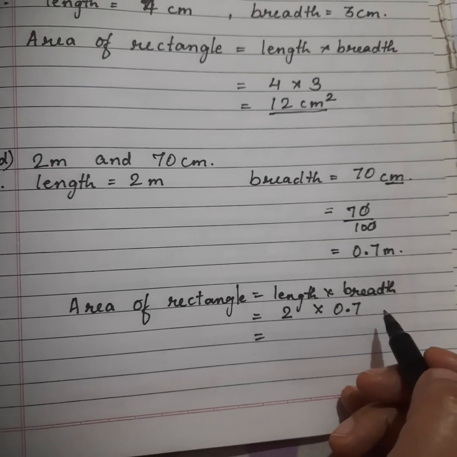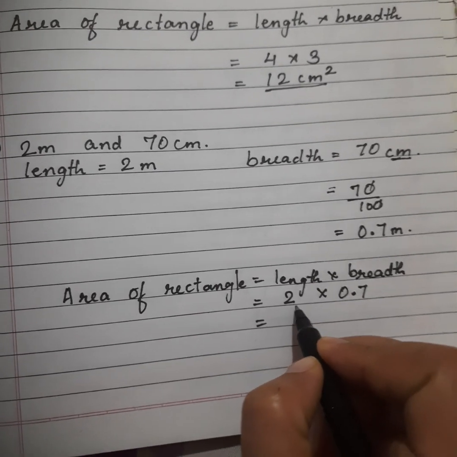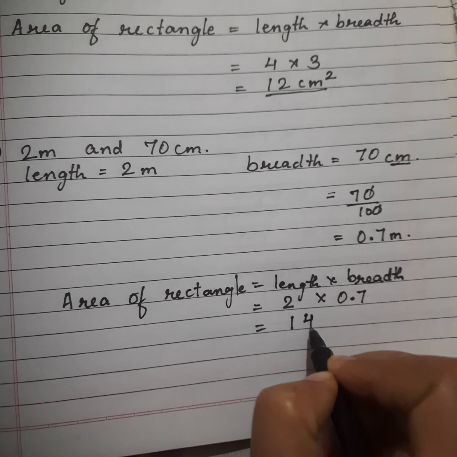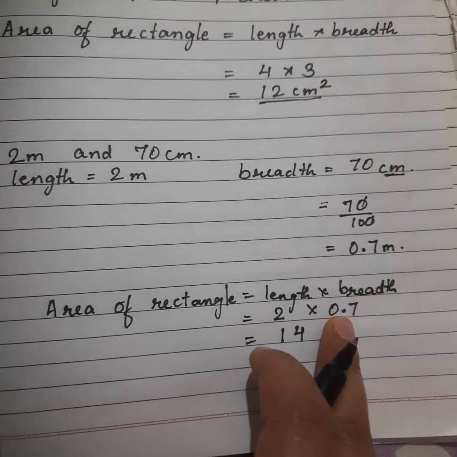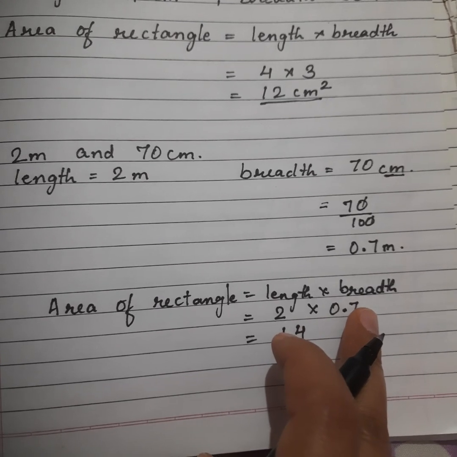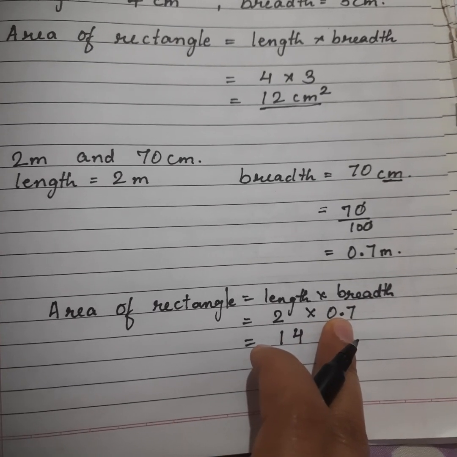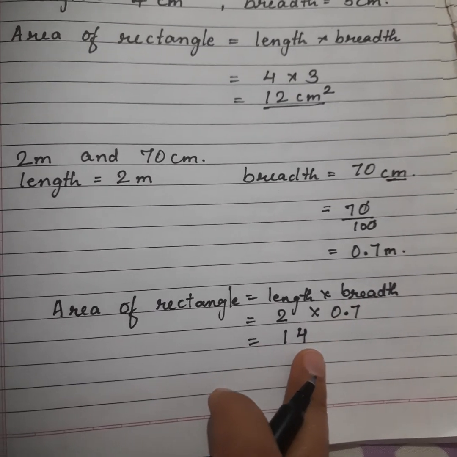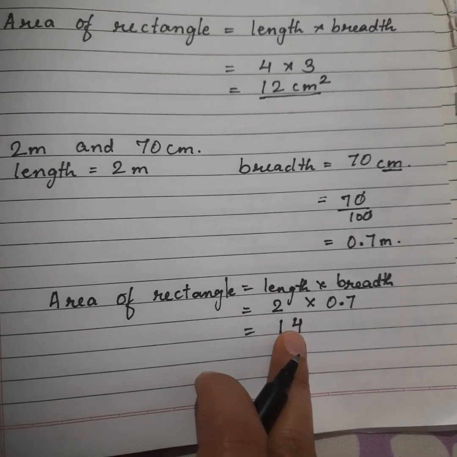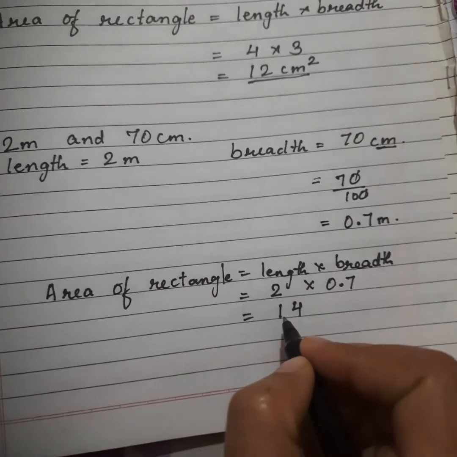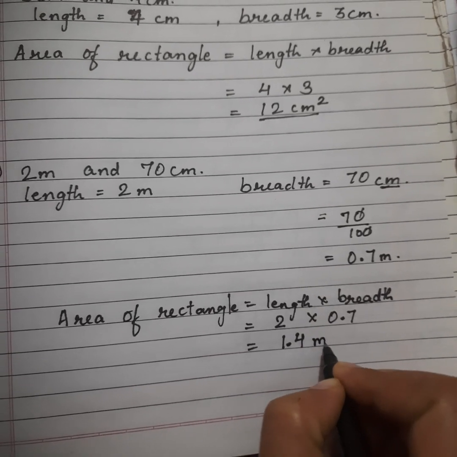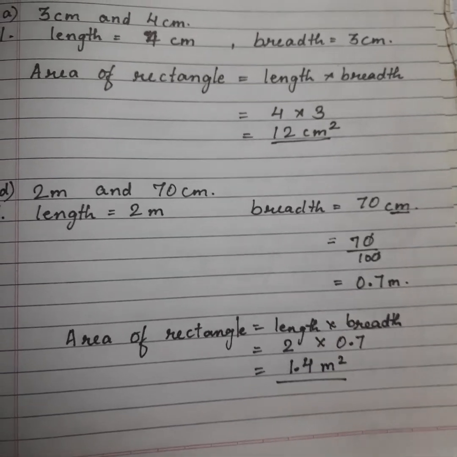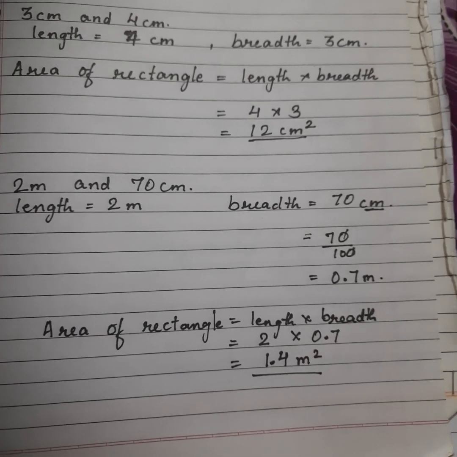2 multiply 7, 7 twos are 14. So write down 14 first. Then you can see after one digit, that is 7, this is your decimal point. So in the answer also, after one digit you have to put the decimal point, as 1.4 meter square is your area of the given rectangle.